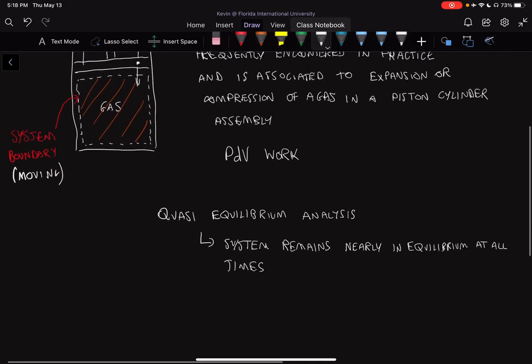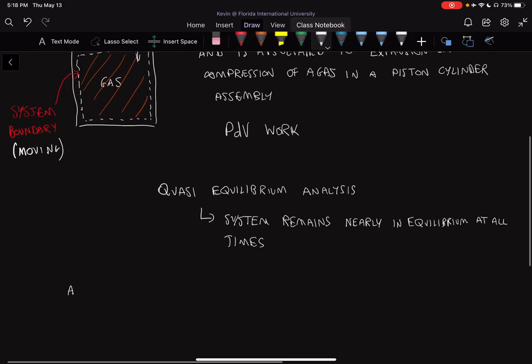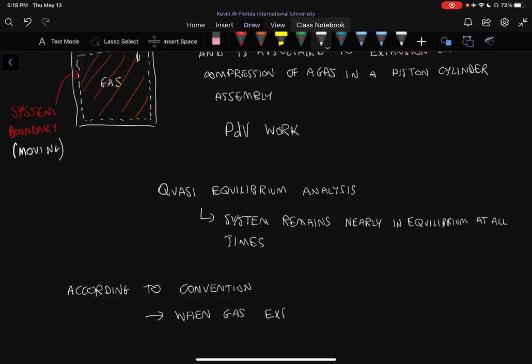Now, according to convention, and this is just how we define it, when the gas expands, so let's say we heated a gas and then the gas starts expanding, we're going to say that work is positive. So this moving boundary work is now positive.